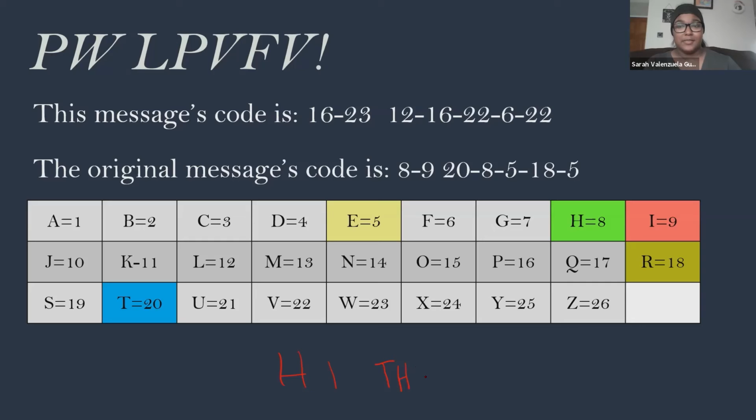Letter corresponding to number 5 is E. The letter corresponding to number 18 is R. And the letter corresponding to number 5 is E again. So as you can see, this message up here just says hi there.